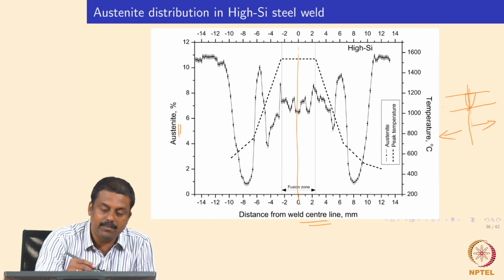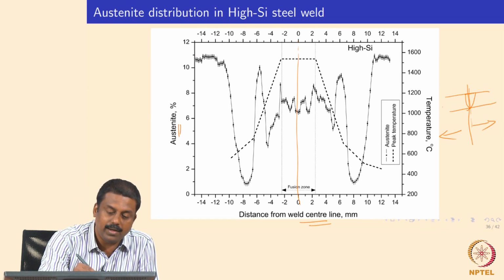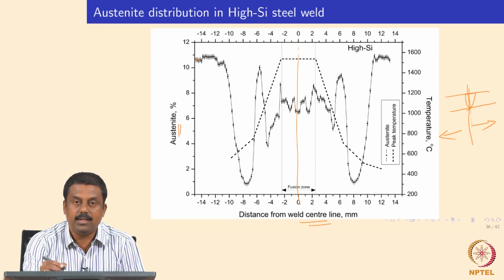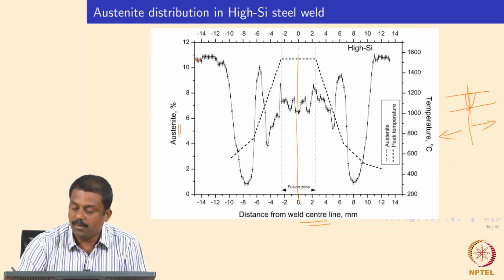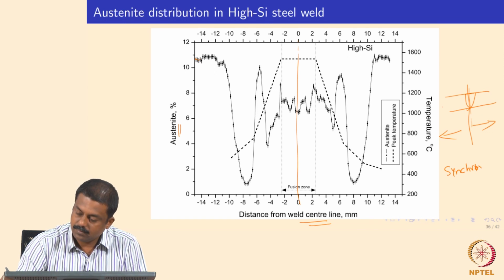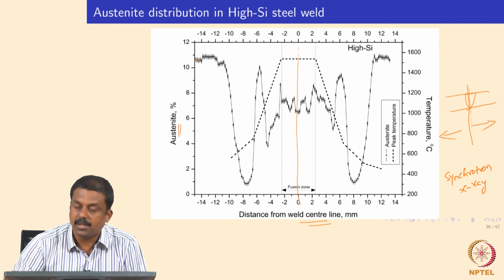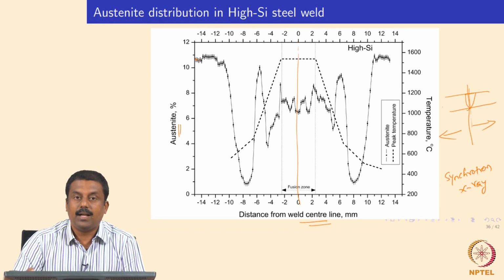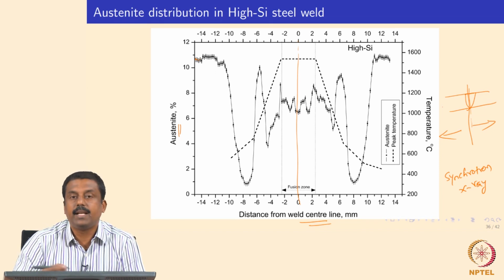So we are measuring very small regions, individual points over here. It shows individual measurements of X-ray diffraction, and for measuring this graph we used very high energy X-rays, known as synchrotron X-rays, which can penetrate, for example in this case, a 3 millimeter thick plate.